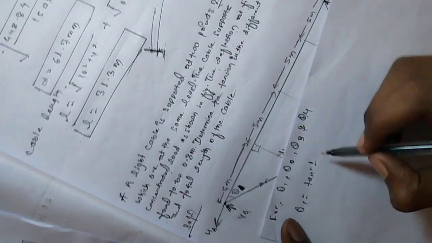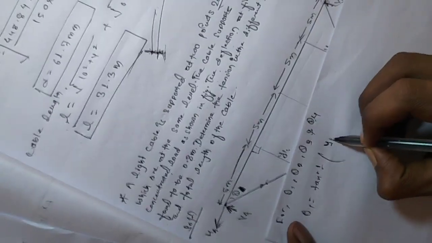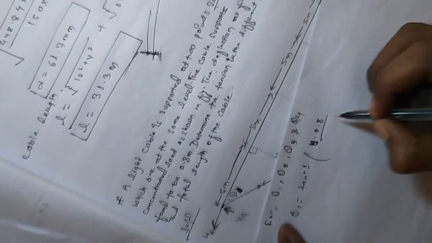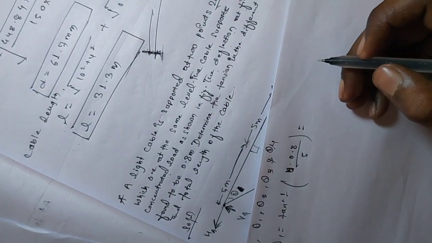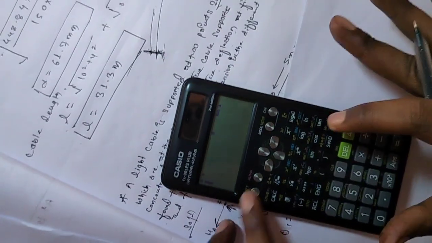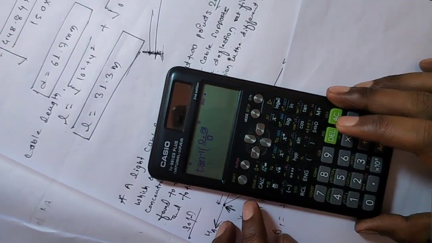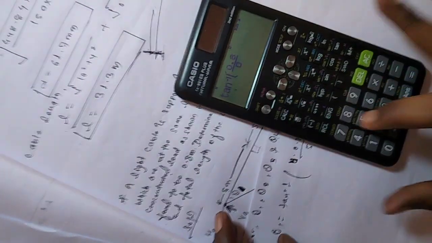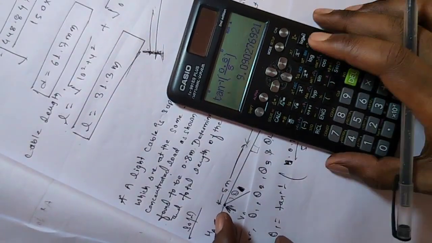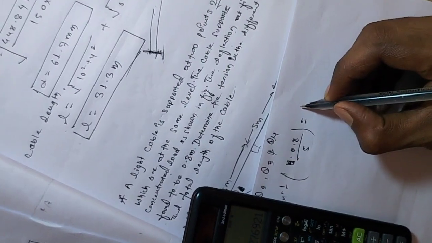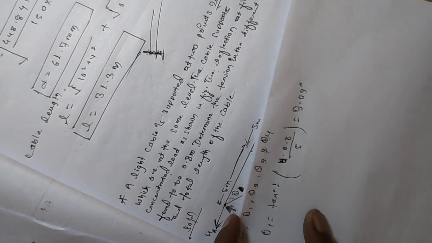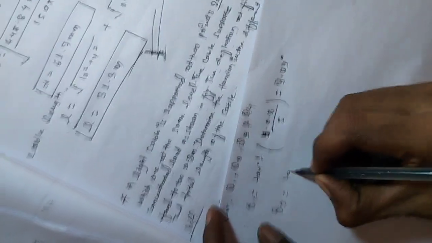Theta 1 will be equal to tan inverse of, this is 90 degree, tan inverse of y1 which is given 0.8, I am directly writing, and 5 is given, this horizontal distance, which will be equal to tan inverse of 0.8 divided by 5, which will be equal to 9.09 degree.